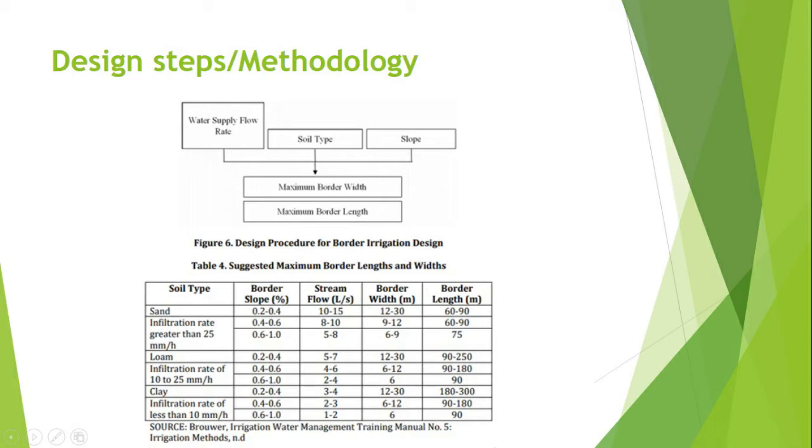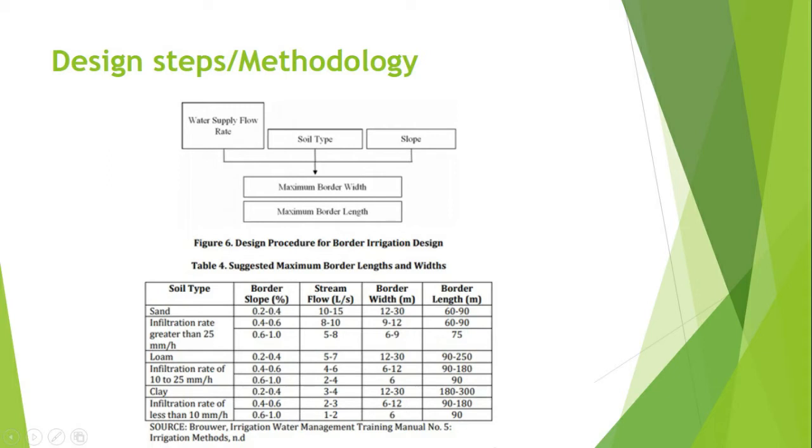As you can see in Figure 6, the design procedure for border irrigation design shows the water supply flow rate and soil type, the slope, and the maximum border width and the maximum border length. In Table 4, suggested maximum border lengths and widths.